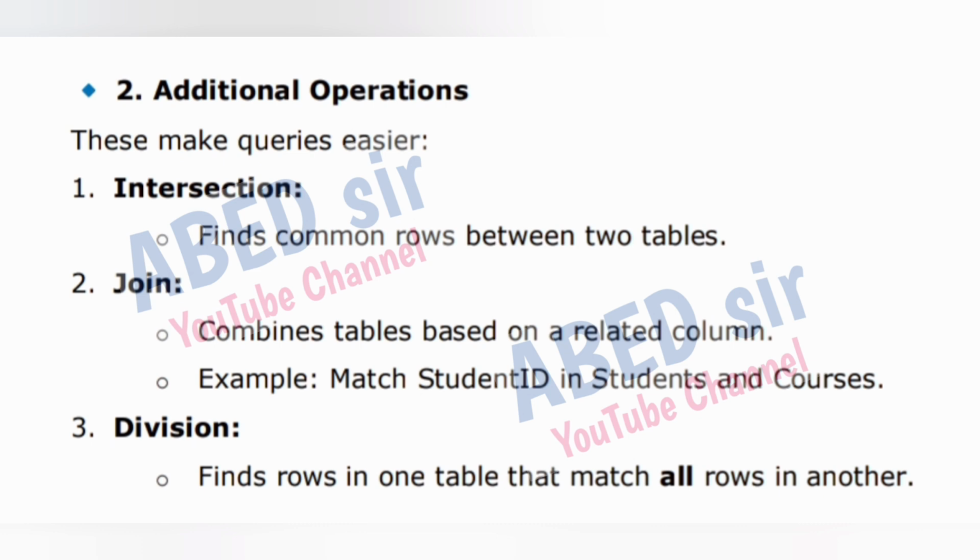These make queries easier. 1. Intersection. Finds common rows between two tables. 2. Join. Combines tables based on a related column. Example: match student ID in students and courses. 3. Division. Finds rows in one table that match all rows in another.